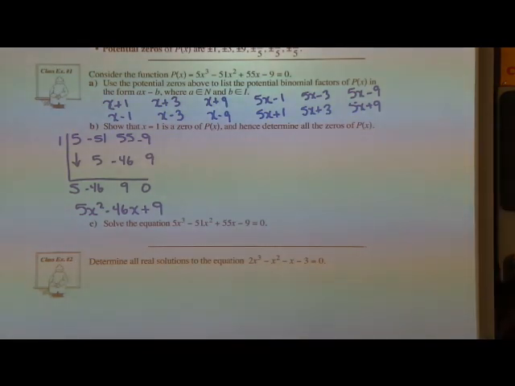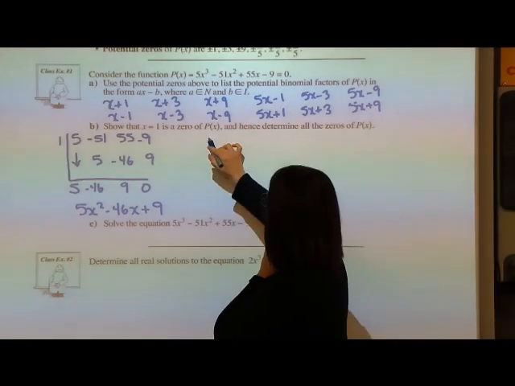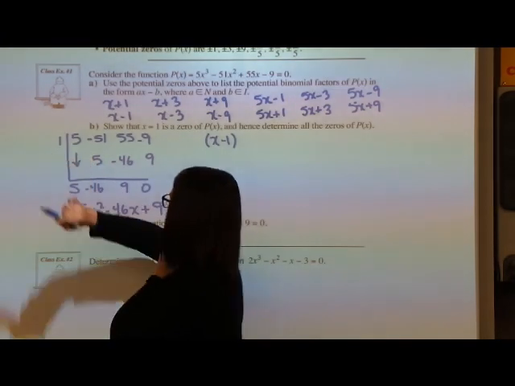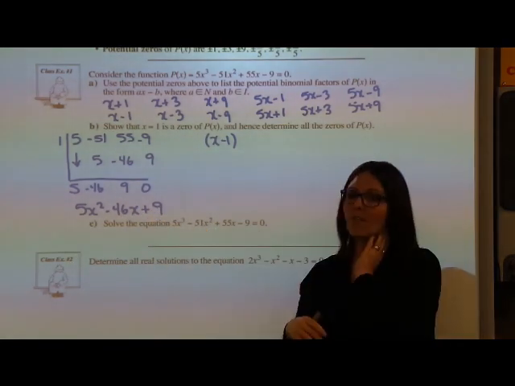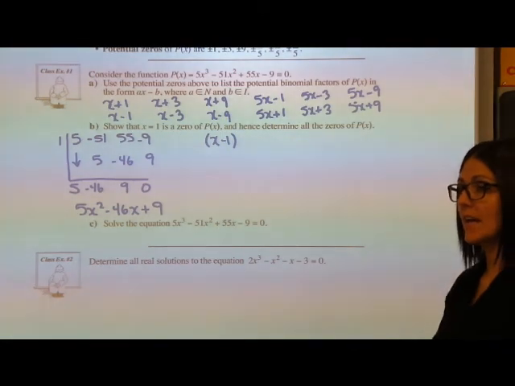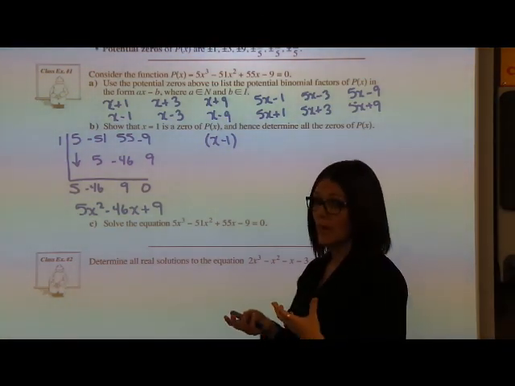So I go to solve this. I have my x minus 1 from this one, and then this 5x plus 9. I can solve this a couple of ways. I can do decomposition, or I can do inspection.